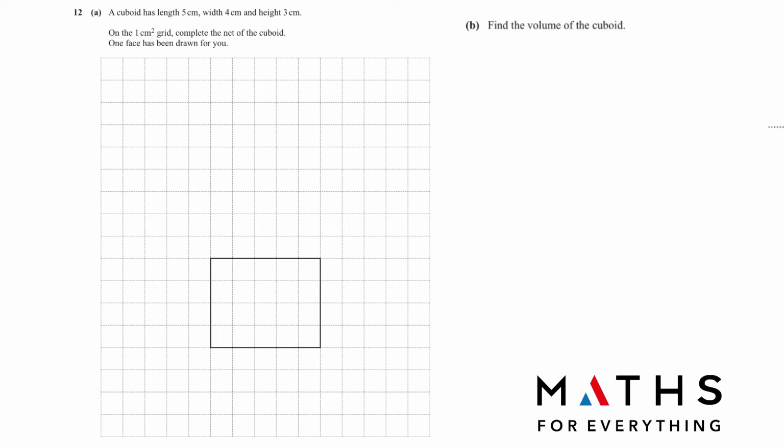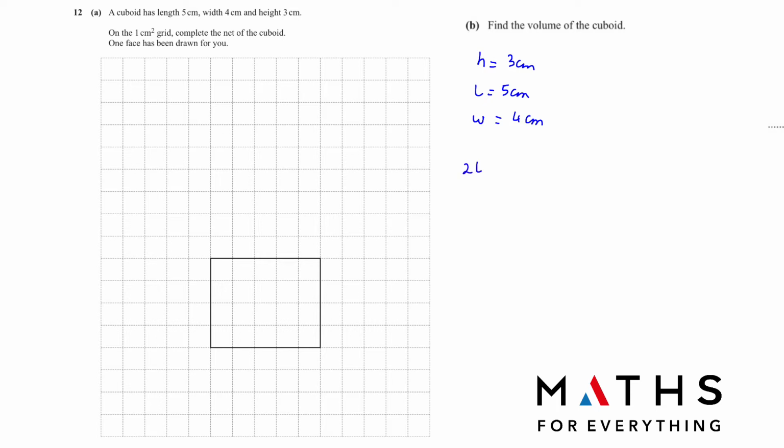Let's just write down. We know that the height is 3 cm, length is 5 cm and width is 4 cm. So we have a total of 6 faces. You should have 2 faces of each.